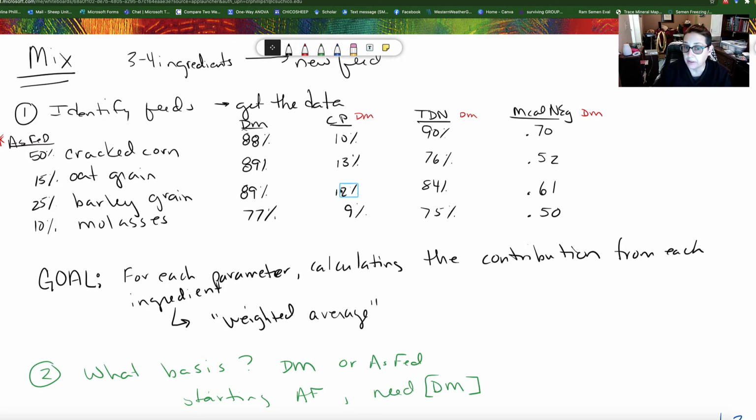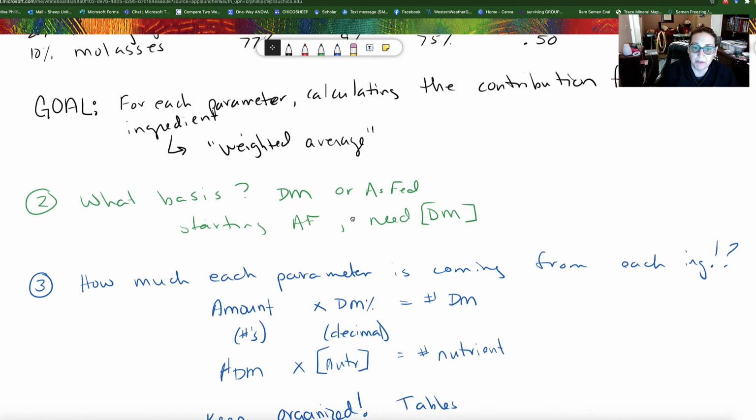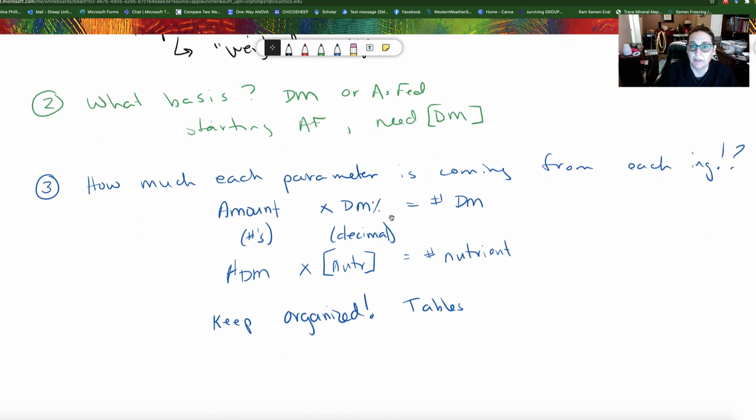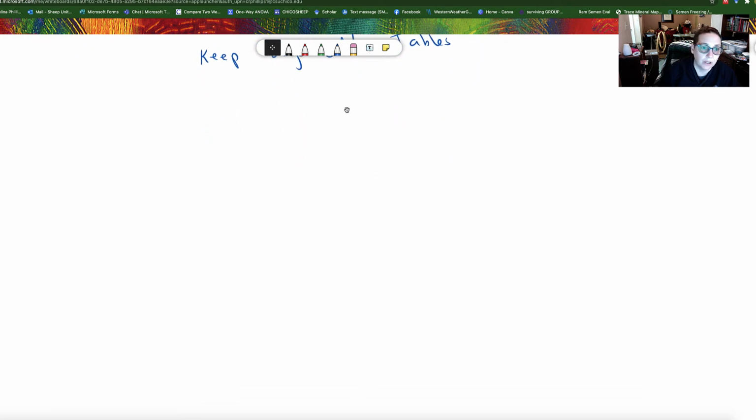Any of those, wherever your source of data comes from. And so we've talked about understanding that we're starting in as-fed, but we've got to get to dry matter. And we are going to be figuring out how much nutrient is coming from each ingredient. So let's go ahead and start organizing.